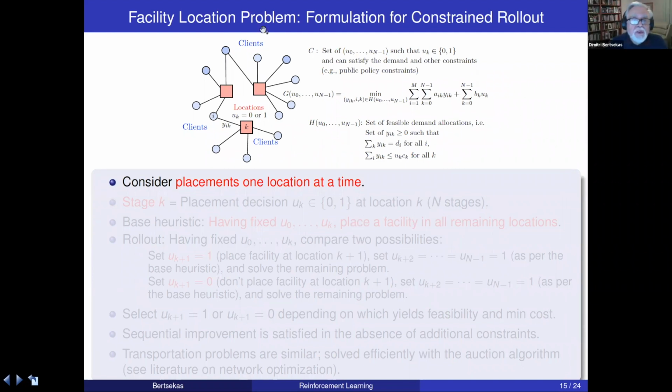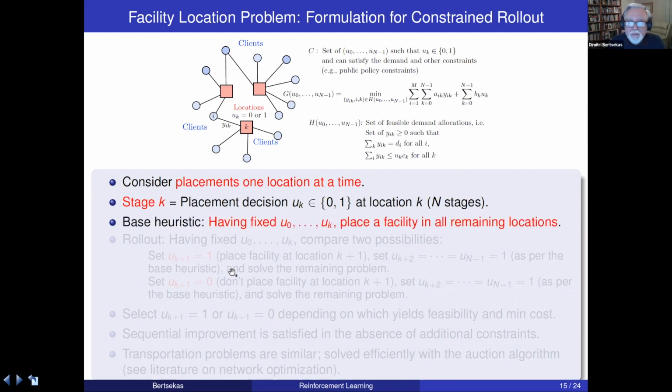Okay, so now we are going to apply this constrained rollout algorithm, considering places one location at a time. That means we first fix u0, then u1, and so on. So at stage k, we make the placement decision uk from 0 to 1 at this location, and there are n altogether stages. And here's our base heuristic.